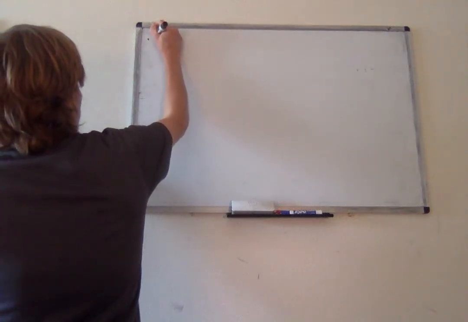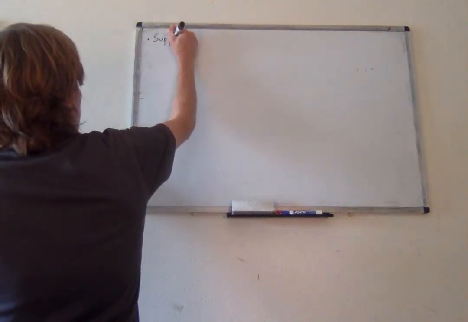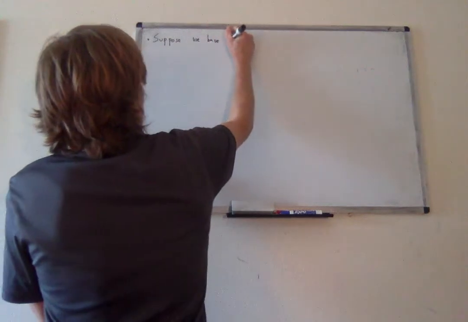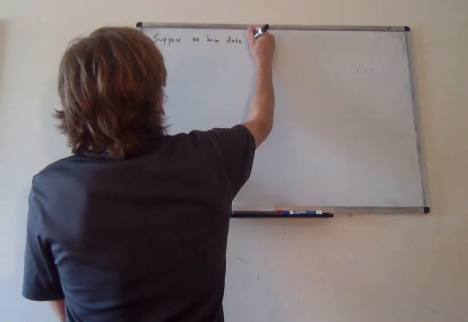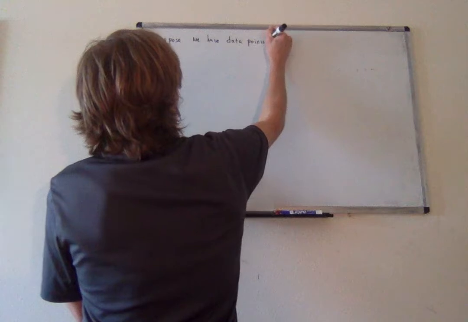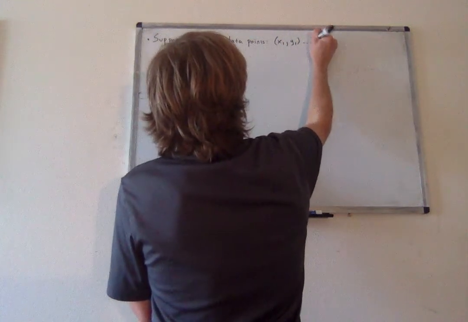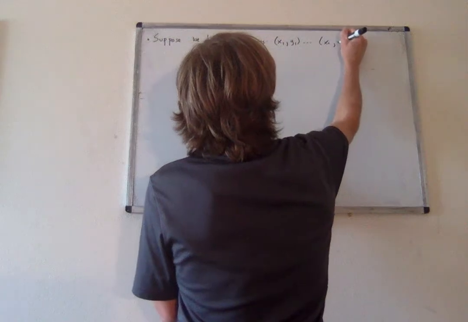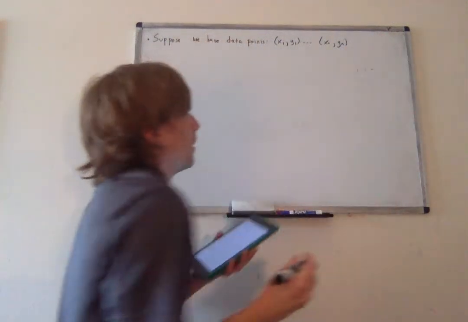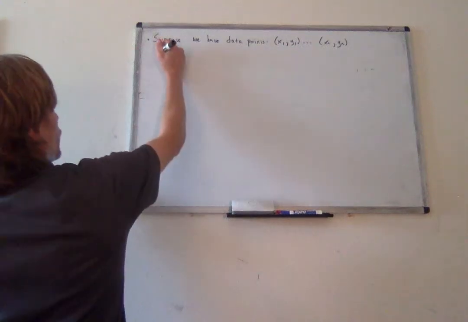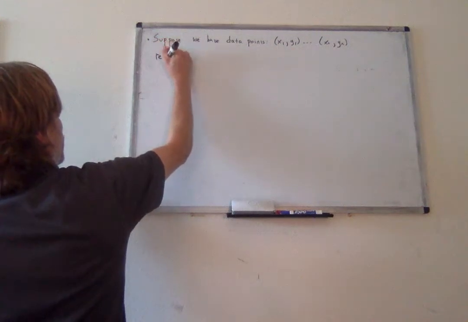So suppose we have, again, say, the following data points: x1, y1, up through xn, yn. And let's say we wanted our regression model to have the following form.